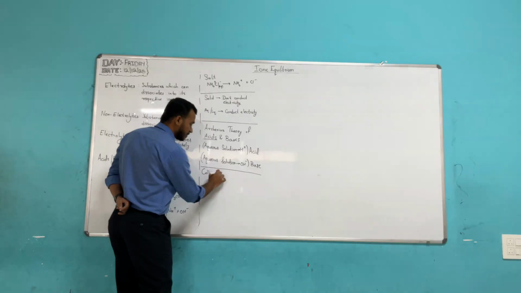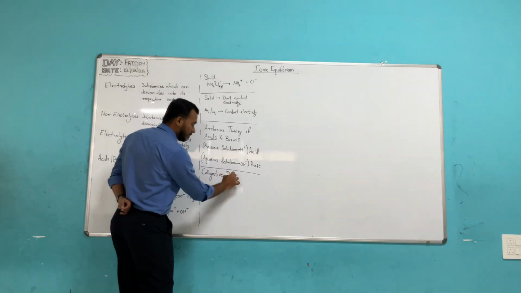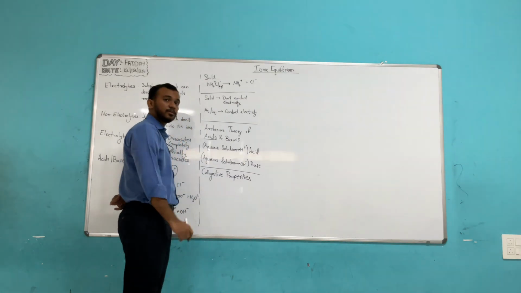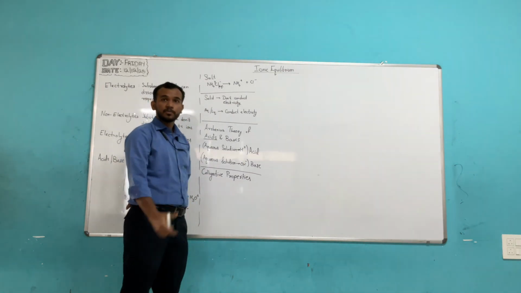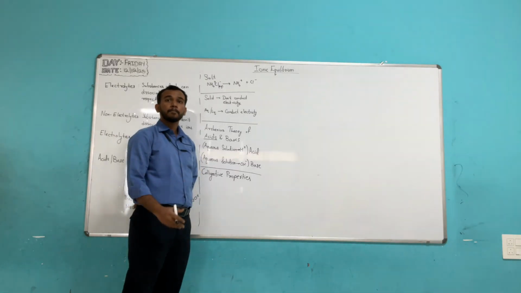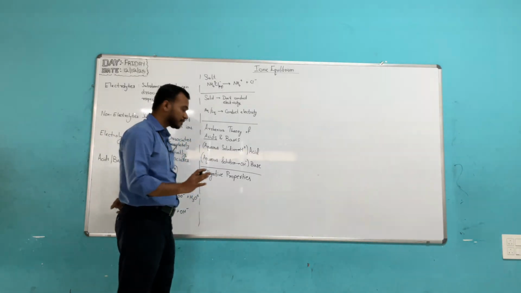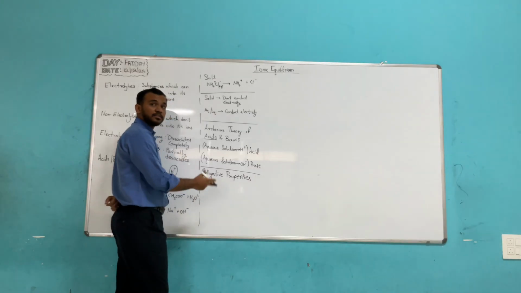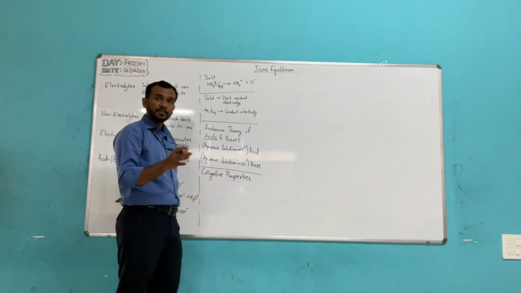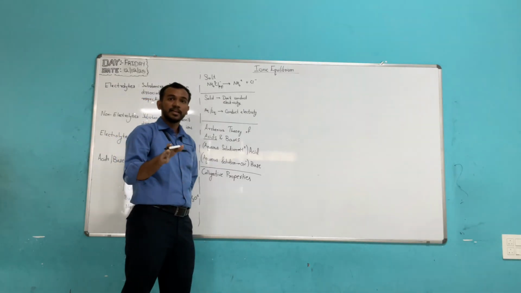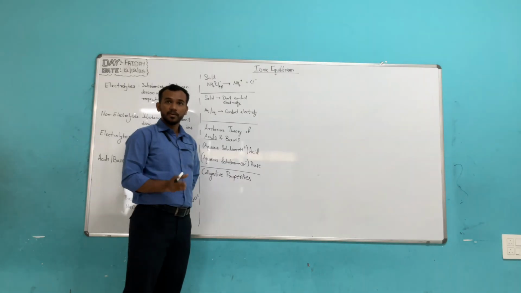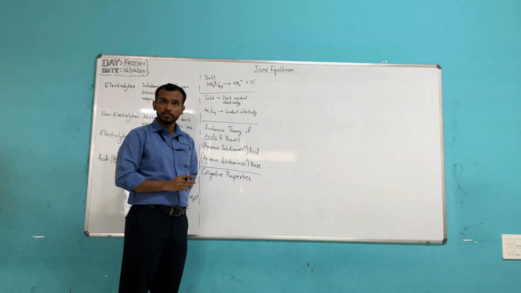Colligative properties are related to the amount of substance present in the material, the amount of ions or amount of matter. If the properties are deviating from their nature, then those properties are known as colligative properties. There are 4 colligative properties.